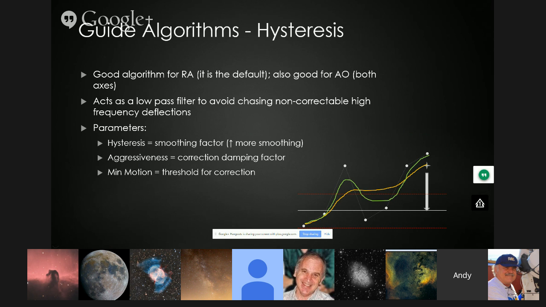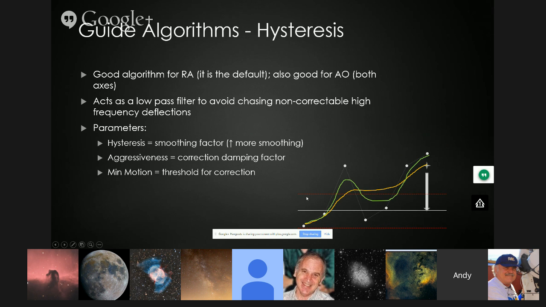The aggressiveness parameter is a damping factor. It's often better to use less than 100% of a correction. That works in conjunction with this hysteresis or smoothing factor. It has an equivalent effect of damping those corrections, spreading them out over several cycles, to make sure that it's not thrashing your mount.